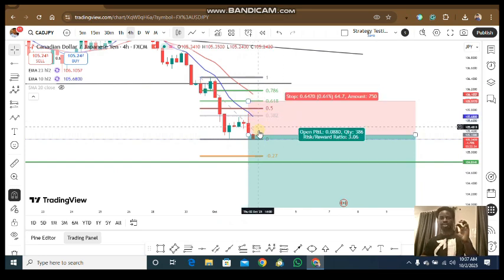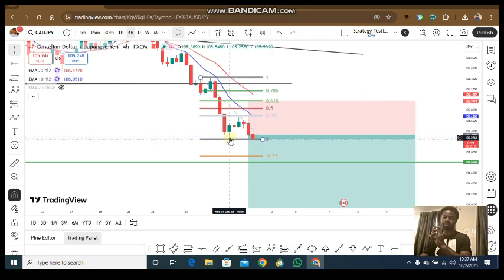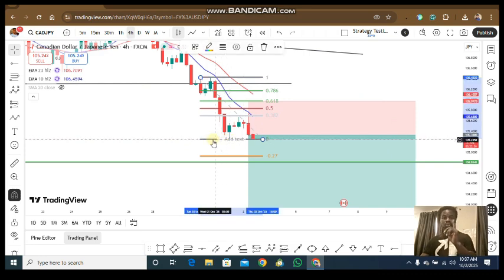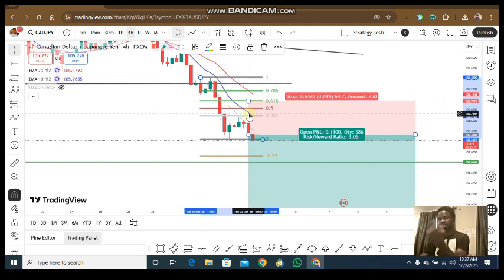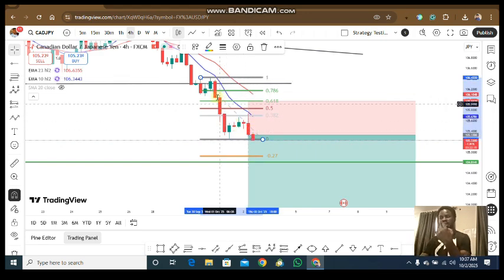So three things give confirmation for these sellers, but how will you use one thing to get into this trade? Because I can see the other two things in my eyes even without bringing the tools out. I didn't bring out the moving average tool, but I know for this price to retrace to this space, it has to touch the moving average. I didn't use the Fibonacci tool, but I know this retracement will be a Fibonacci zone.